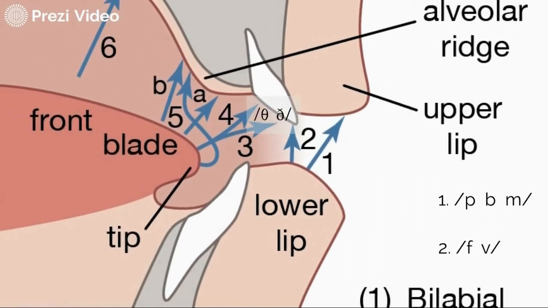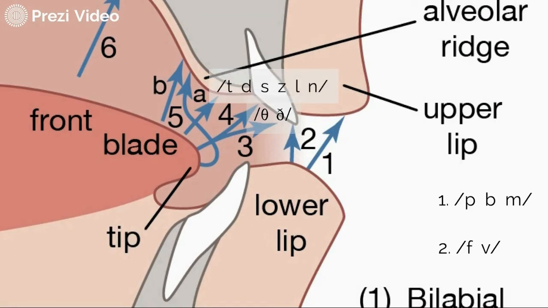The sounds th and th are made with the help of the tip of the tongue that goes up and touches the rear of the upper teeth. So, hence the term dental.